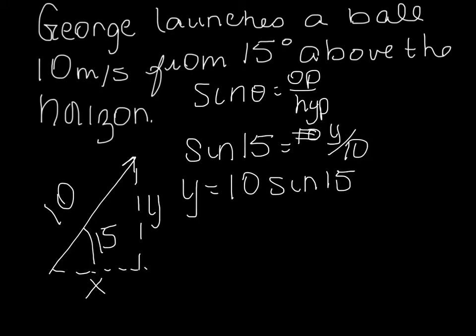When you do this, make sure the calculator is in degrees and not radians. To do that, check the mode, and the mode should be in degrees. Once you do that, 10 sine of 15 is... nope, I had it in radians.